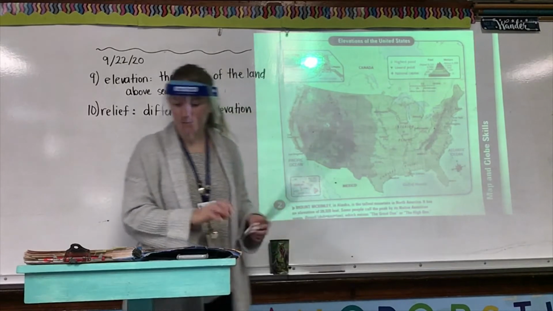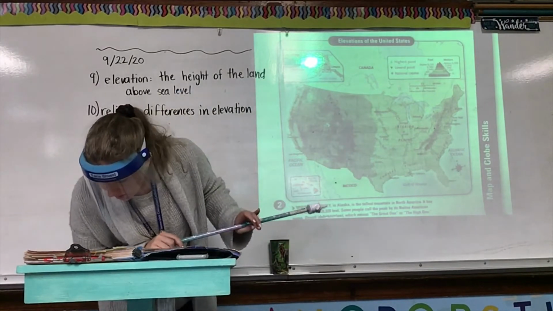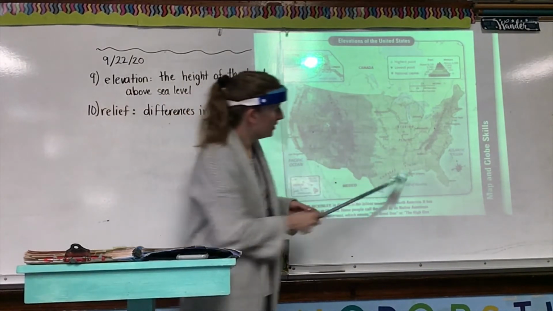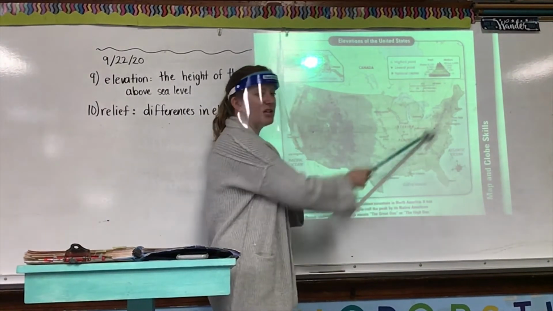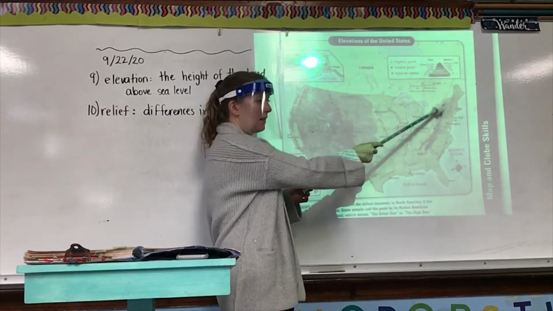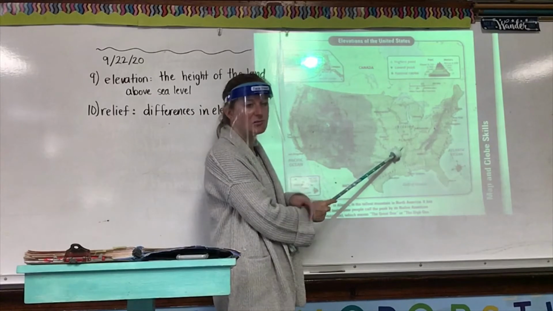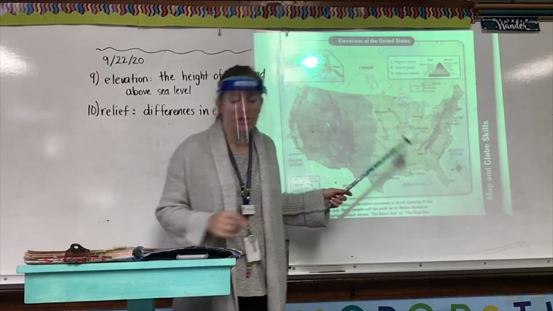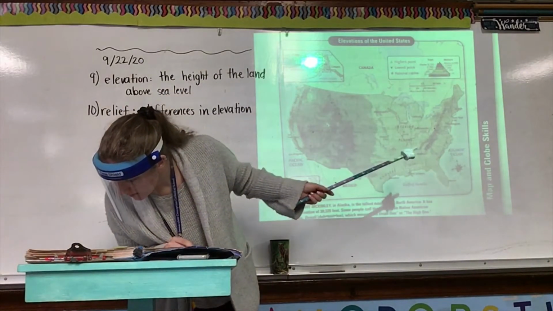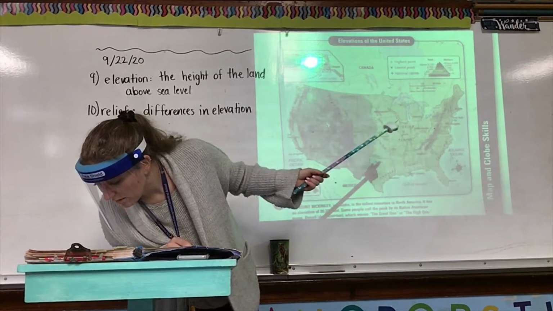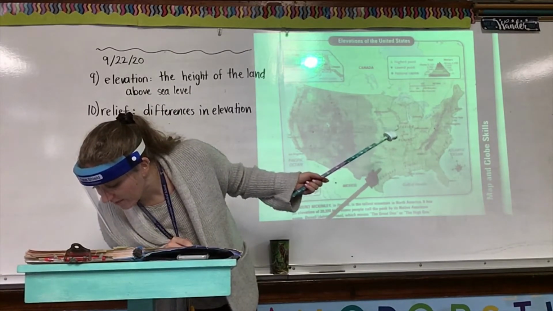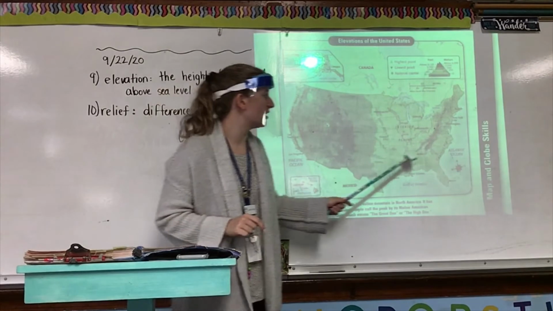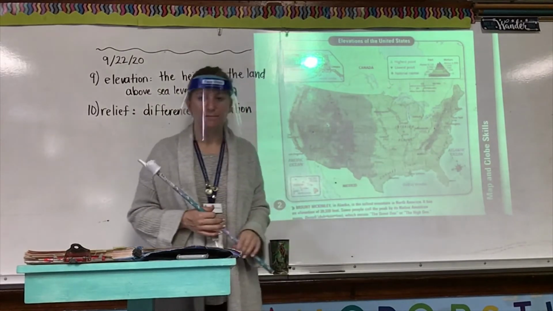So look at your map at where the Appalachian Mountains are. Look at where the Appalachian Mountains are on your map. Do you see how it looks like things are shaded? Like right under the IAN, you see like this dark little line that looks like it's shaded.